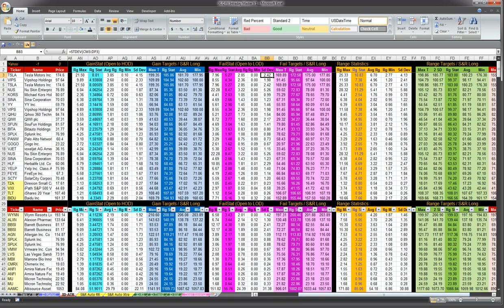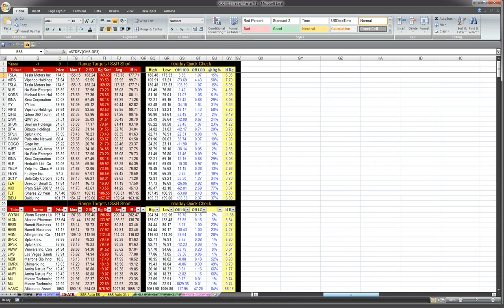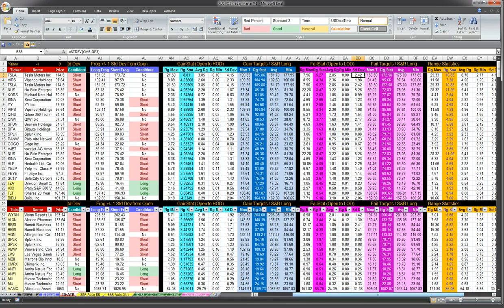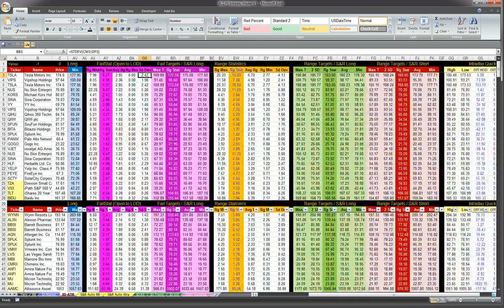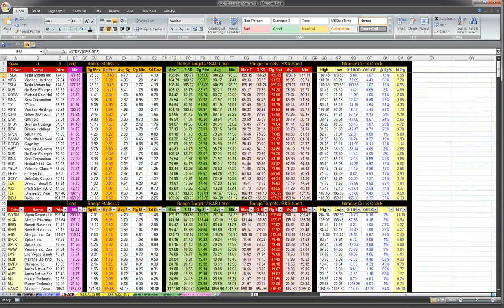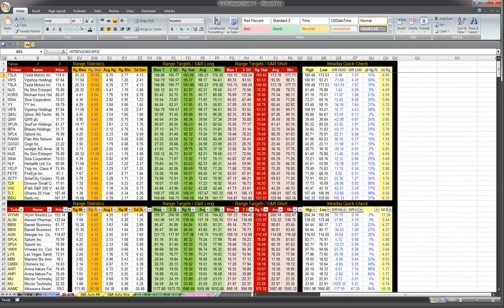After that, the range stats for the gain stat and fail stat are all from the open, but the orange, which is the range stat, is the high to low range over 30 days.